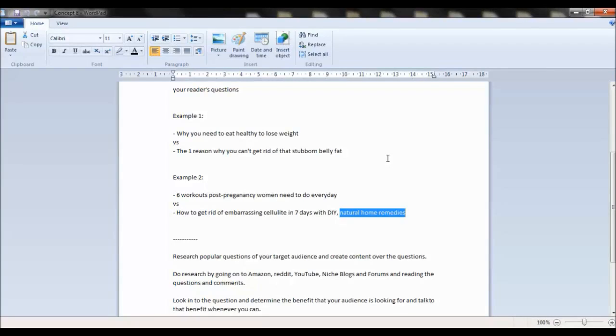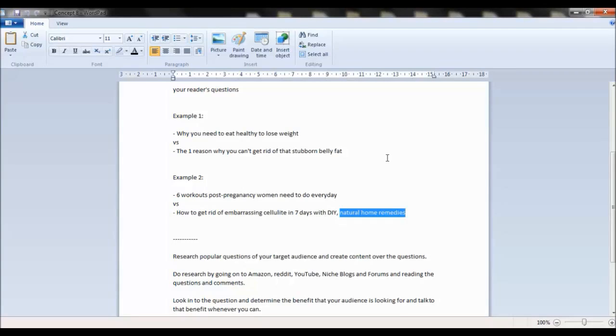Let's say the target market or audience is women aged 25 to 30, and they're asking this question, then the benefit is to look good in her bathing suit when summer comes around. Okay, so I'll probably use that example later on in other concepts, but you want to determine the benefit that they're looking for by reading deeper into what they're asking.